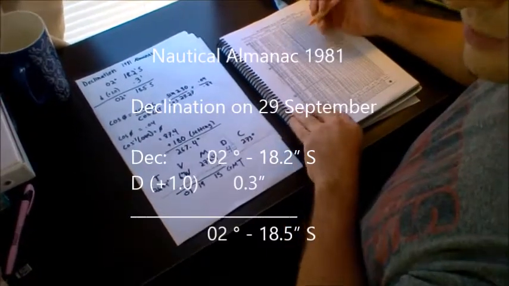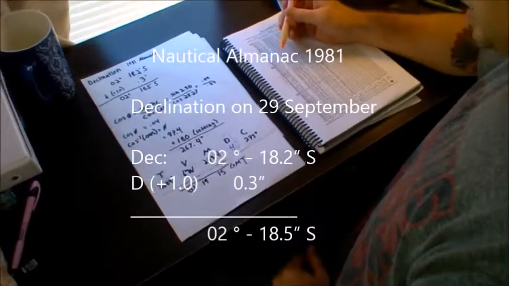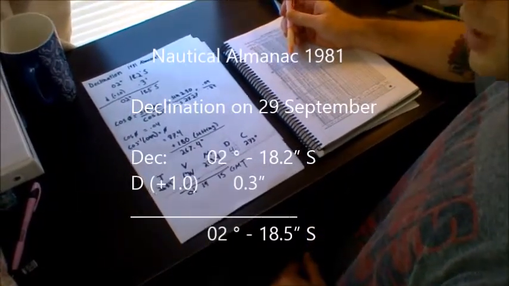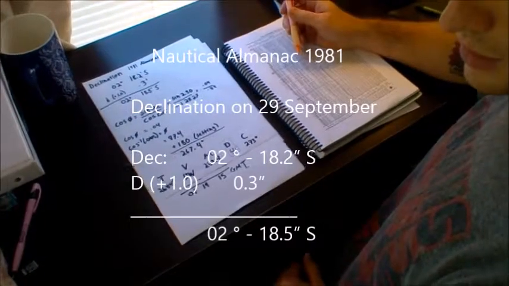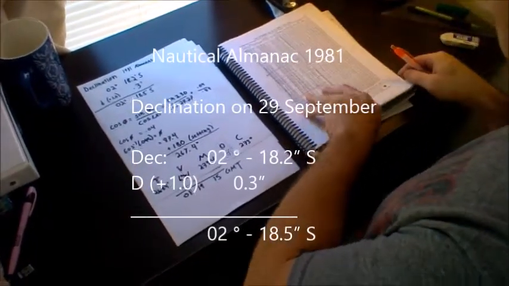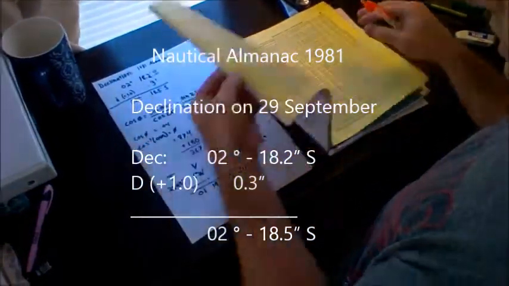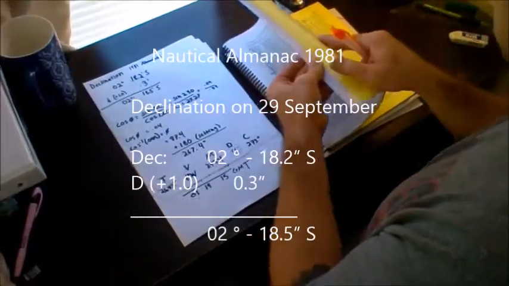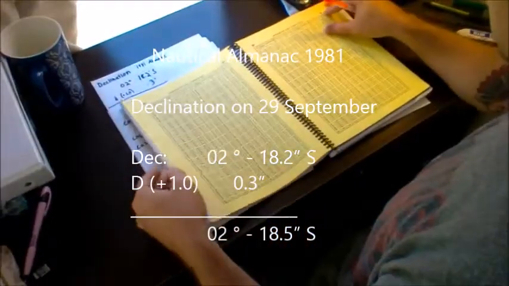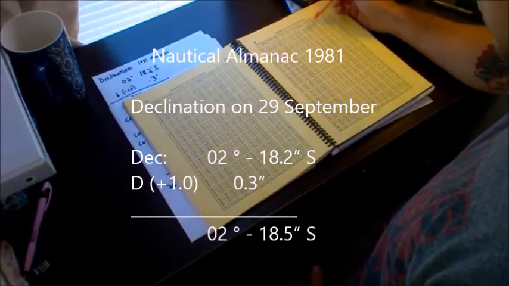Well, you go to the back of the book into your minutes and seconds, because you're not exactly at 01. You're at 01, 19, 15. So you got to correct the declination for 19 minutes and 15 seconds. So I go to the back of the book to my increments and corrections, and I go to 19 minutes. I go into the sun column, and remember, it's 1.0.